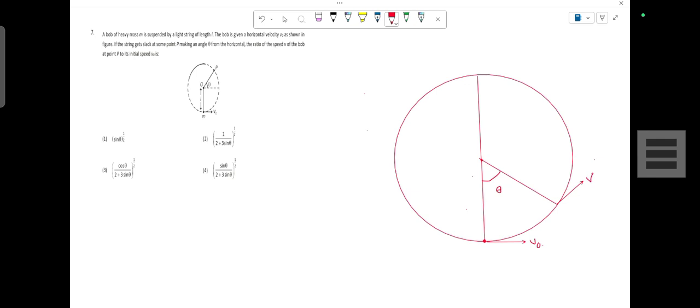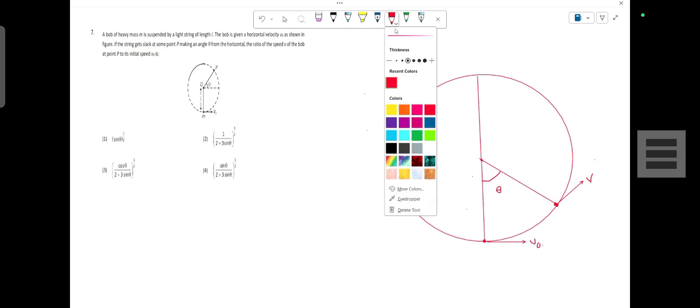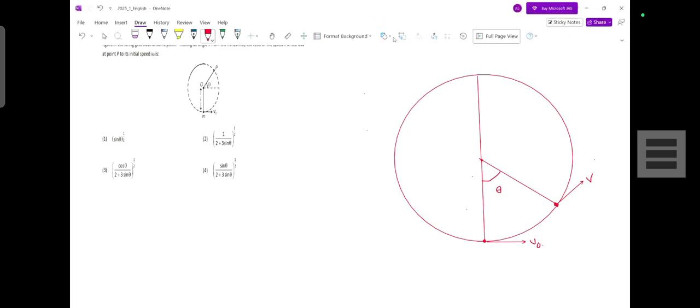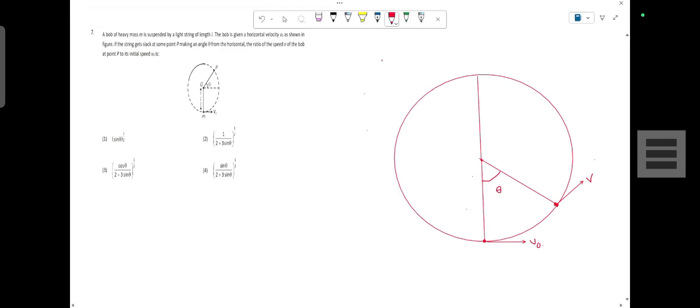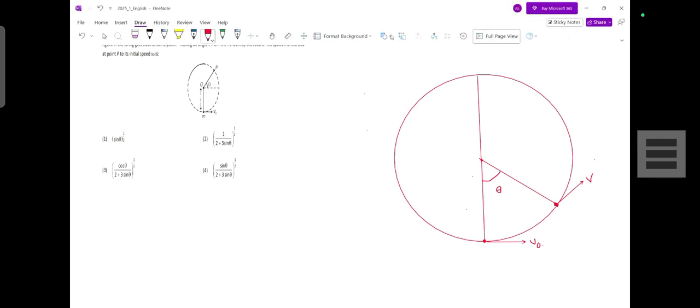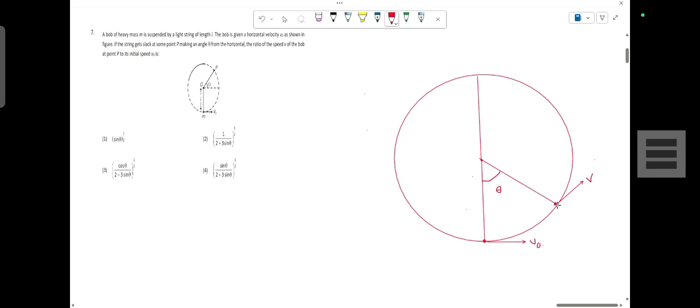Suppose that now after a time interval the bob is here, the weight of the bob is acting along this direction, that is mg, that is mass m and g, mg is the weight.